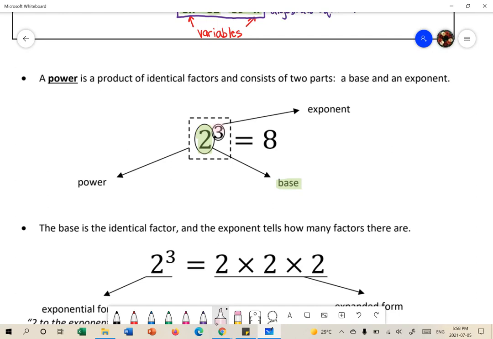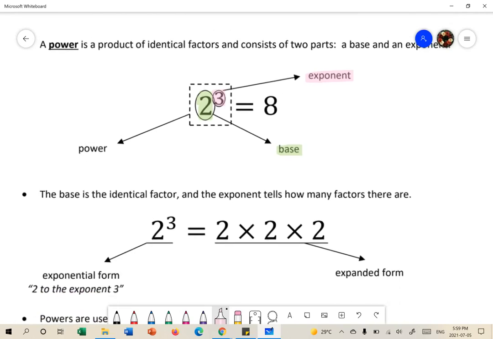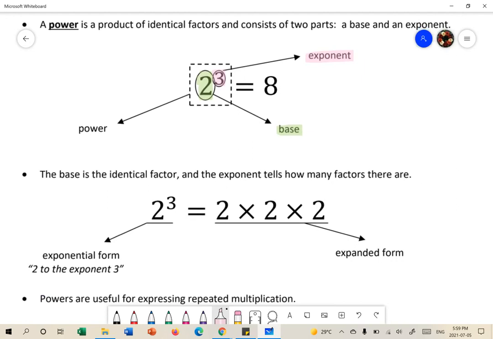And the exponent is the smaller number that's in the upper right corner. We call a base and an exponent together a power. So 2 cubed is 2 times 2 times 2.